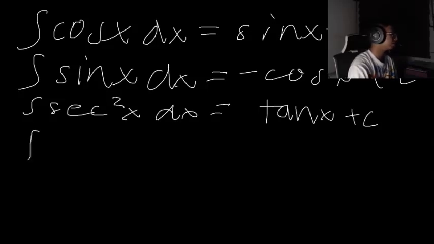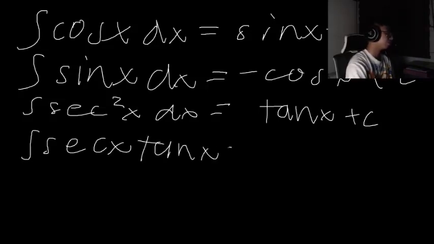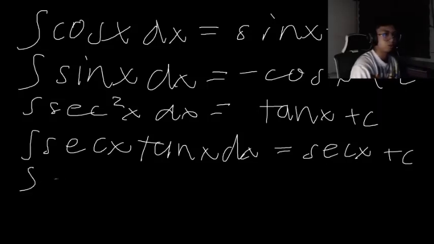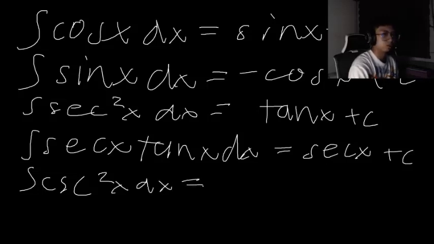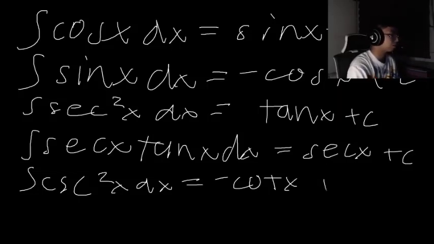Then secant x tan x dx is equal to secant x plus c. Last two, cosecant squared x dx is equal to negative cotangent x plus c.